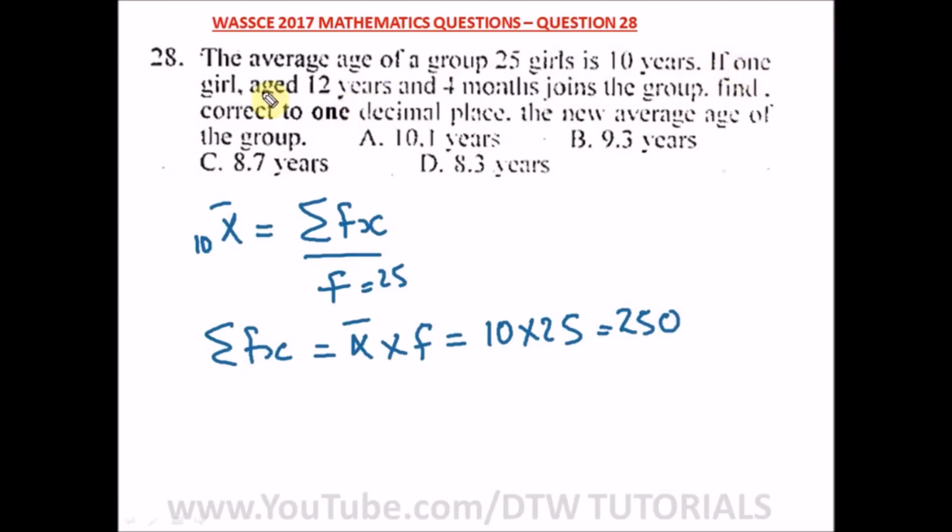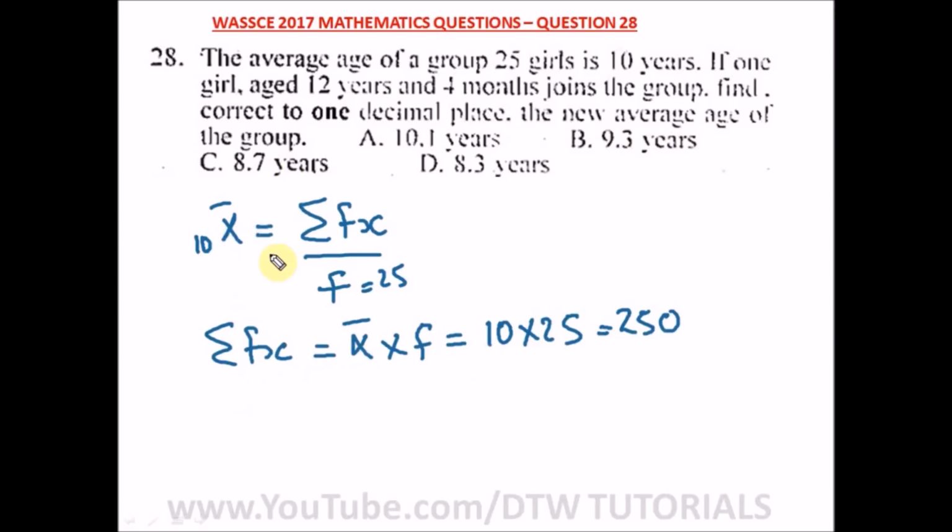All right, so since we have 250, because they said if one girl aged 12 years plus 4 months joins the group, we have to add 12 years plus 4 months to our fx. Find correct to 1 decimal place the new average age. So we have to look for our new mean.